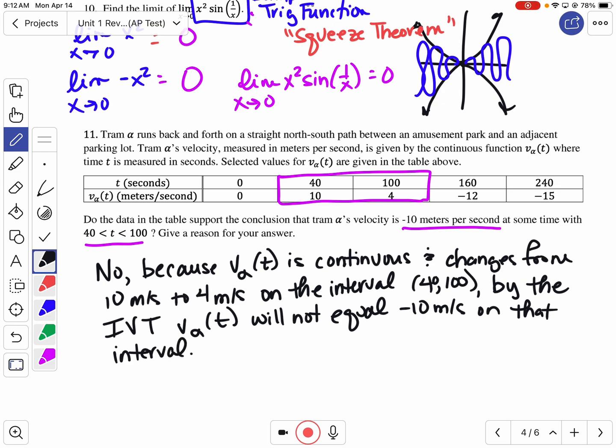What they're looking for here is no and IVT, and a statement of continuity, because IVT only works if it's continuous. You don't have to say it's not definitive that it will, you just say no, because based on the data that we have, we would say no.